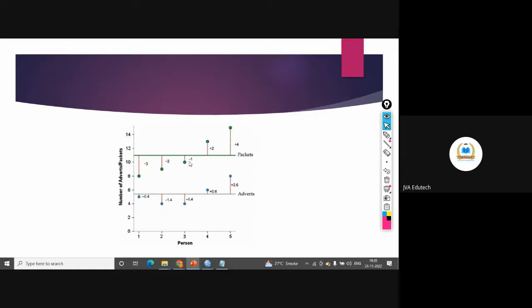This is a negative correlation. But afterwards, as advertising increases, number of packets sold of a product increases.